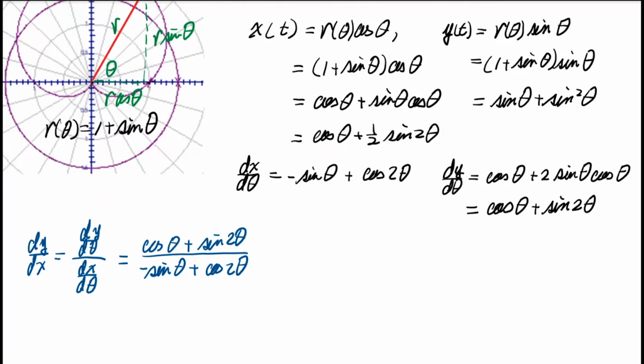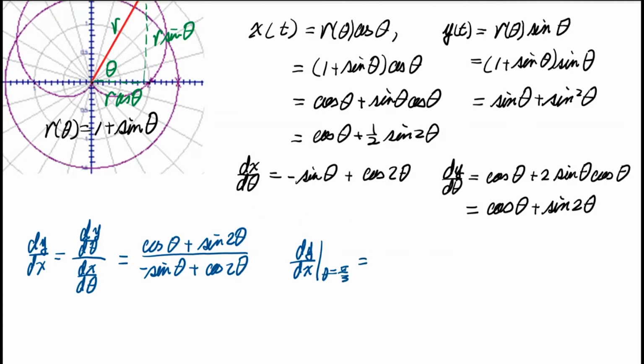That's great. Well, then, could we evaluate it and see if we get our answer that we want? dy over dx at theta equal to pi over 3 was what we started this thing with, right? So let's substitute pi over 3.